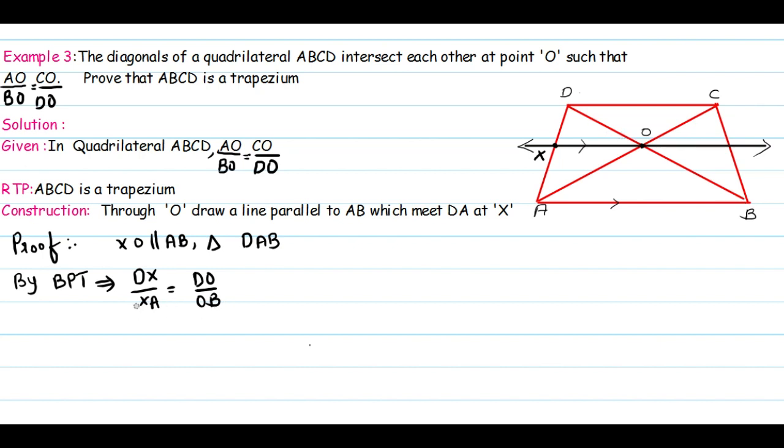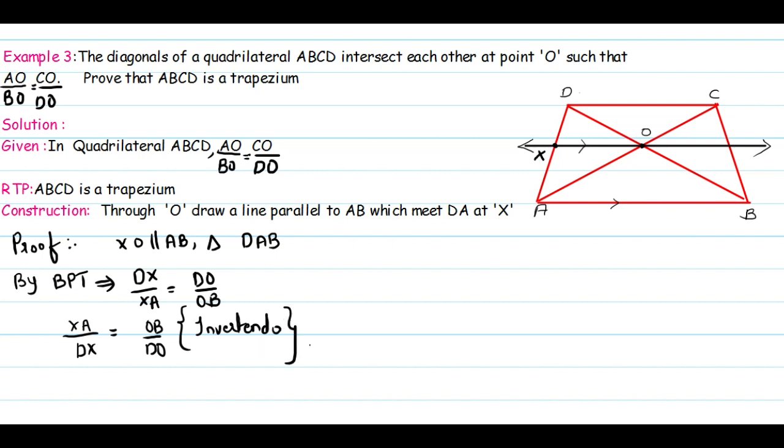Now, if we have a ratio which is equal to another ratio, here DX by XA is equal to DO by OB, in this case the inverses of these ratios will also be equal. It means XA by DX is equal to OB by DO. I just wrote the inverse of this one. DX by XA was there, so I have written XA by DX. This property is called invertendo. What does it mean?